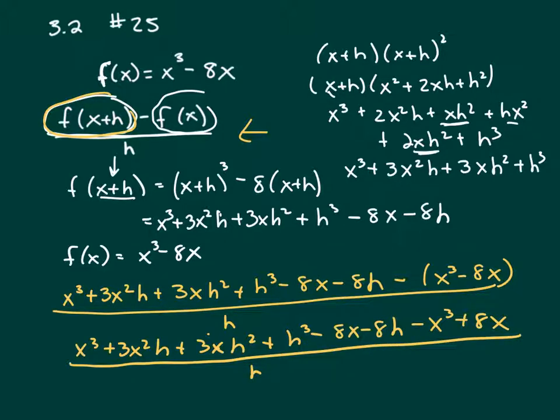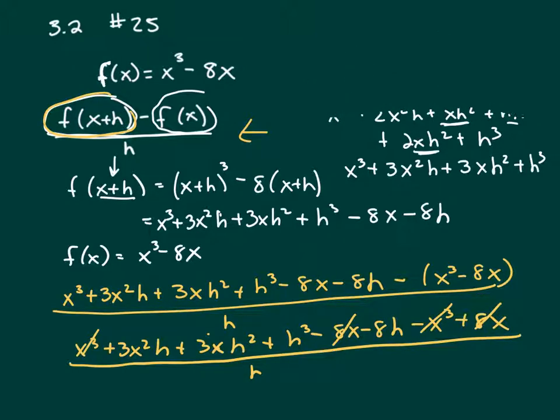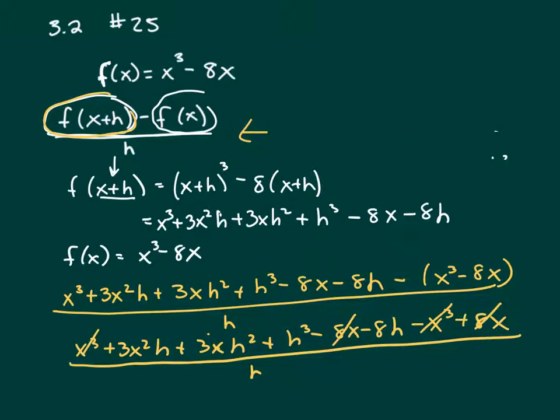So the x cubes cancel and the 8x's cancel. So I'm left with, I'm going to erase my cubic work up here. Let's erase that. Let's be careful not to erase anything else. So what do I have now?